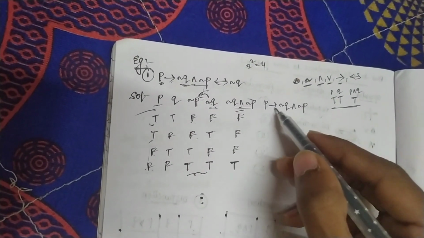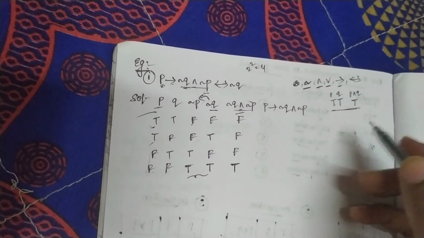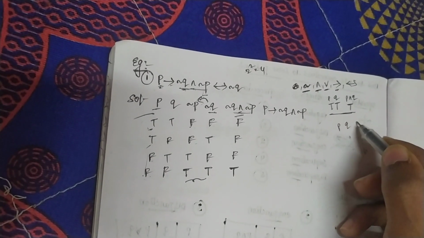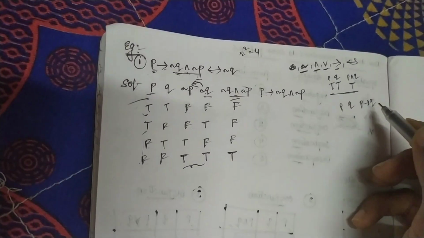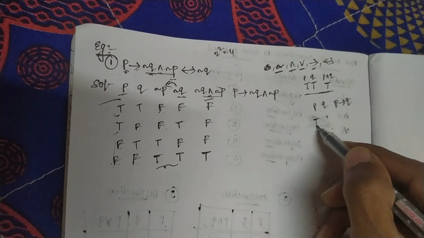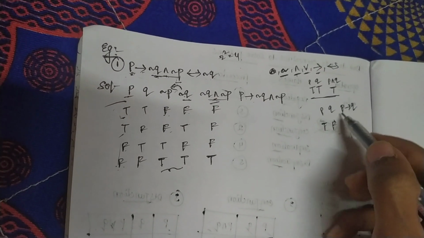For implication, the main thing is, if P, Q and P implies Q is a truth table for implication, if P is true and Q is false, we get the whole statement false.